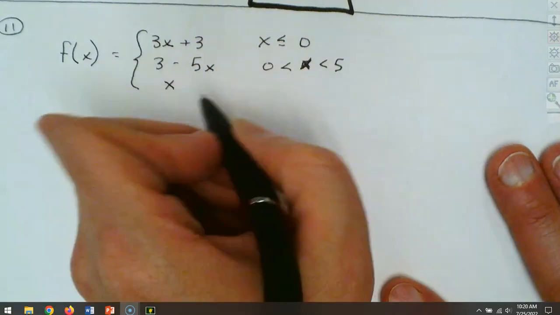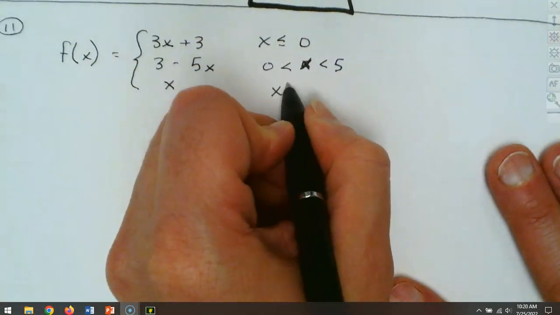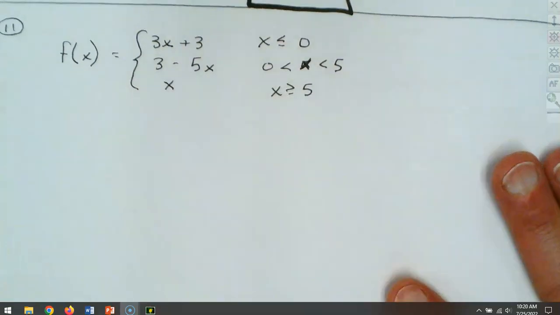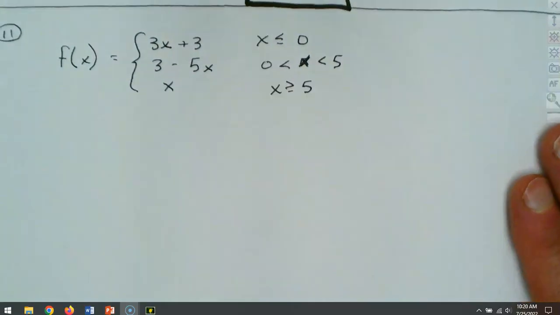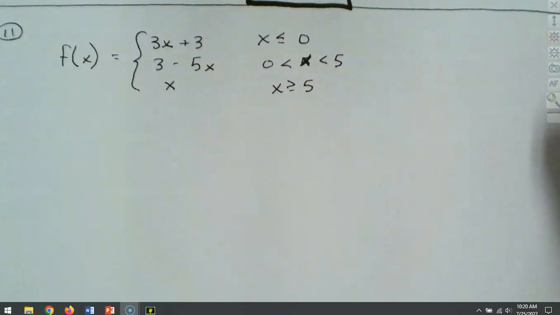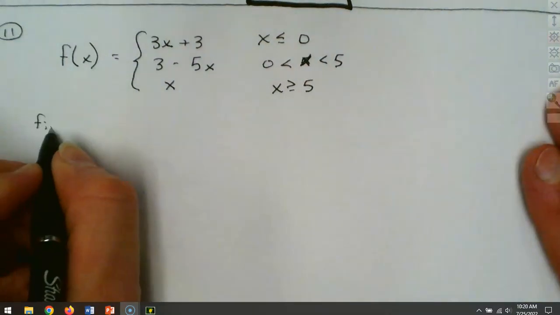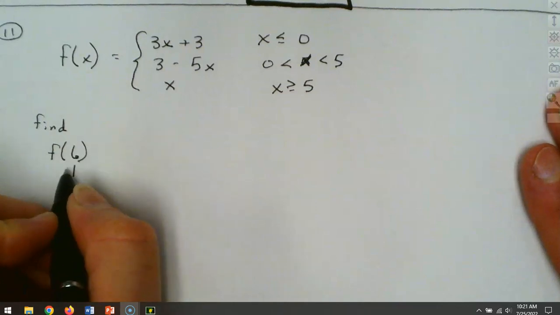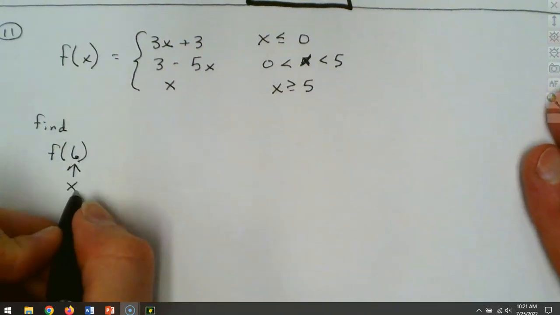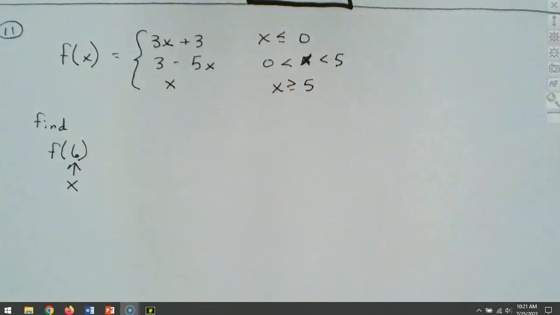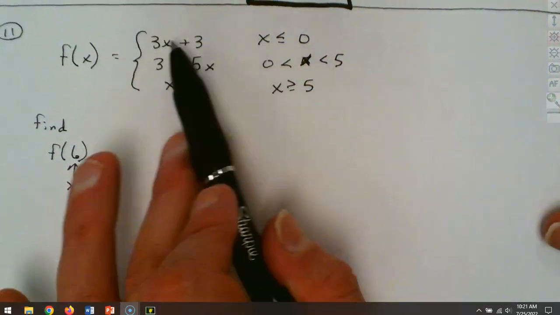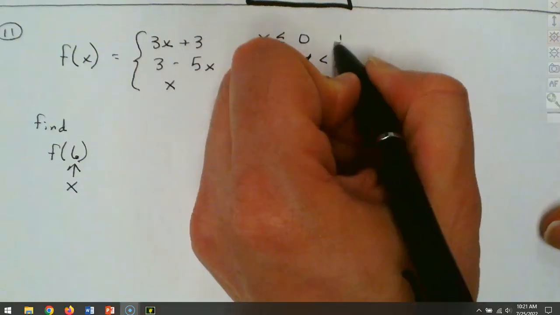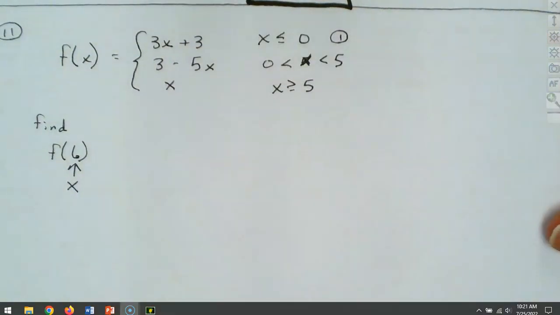And so we've got 3 equations, and they're all different. And they have different requirements. And we want to find f of 6. And that 6, all right, well, that's going to be your x value. So let's write out in terms of words what these mean. On the first one, the first row says x is less than or equal to 0.